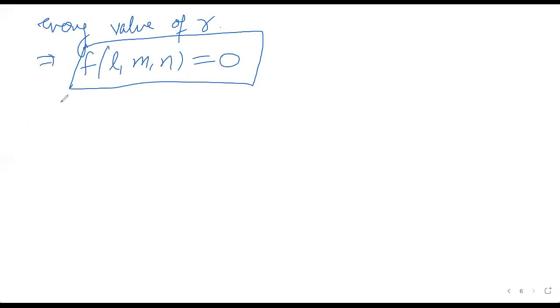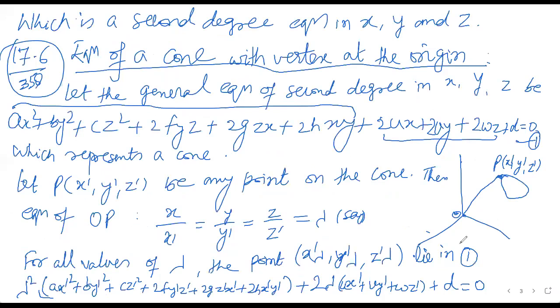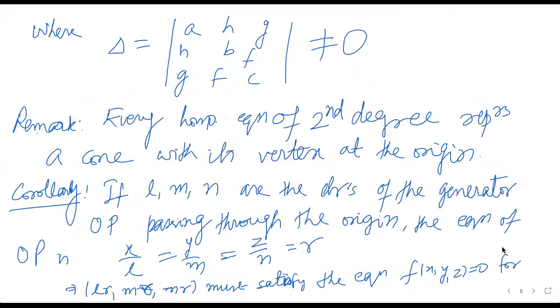Next we have a condition for a general equation of second degree to represent a cone. The general equation is ax square plus and so on. Just as you said that if delta is 0 it represents a pair of lines, what condition should come on this so that it represents a cone?